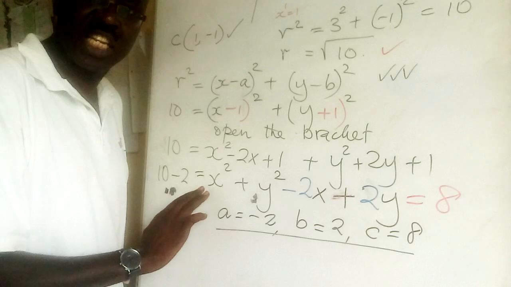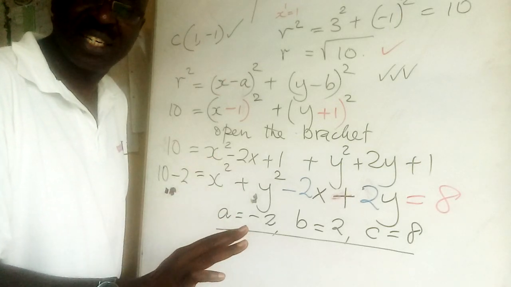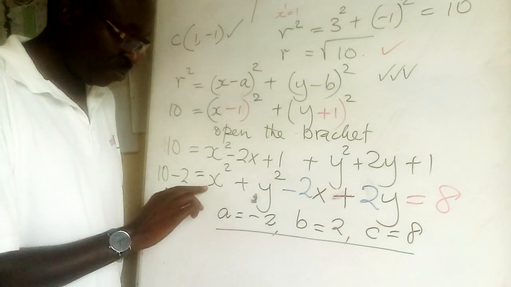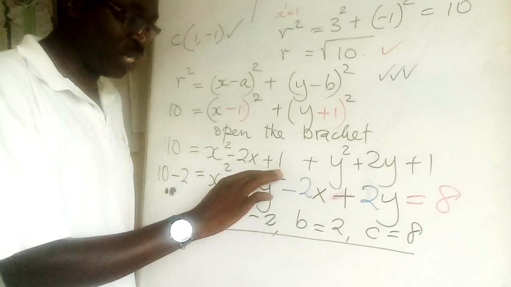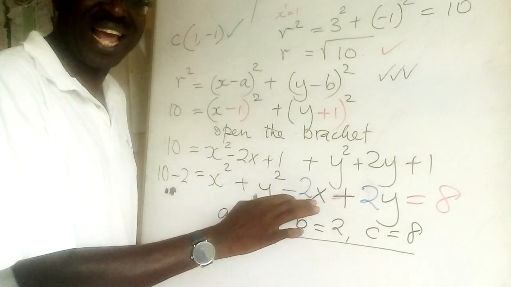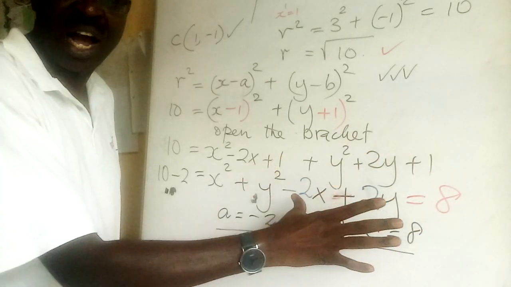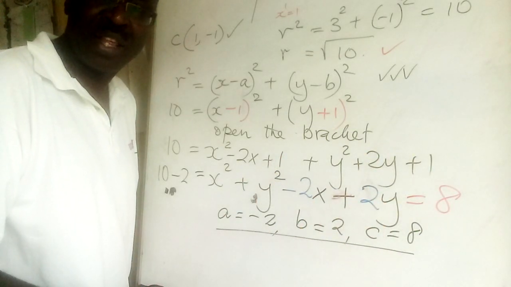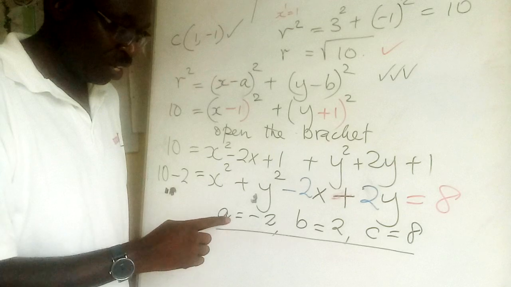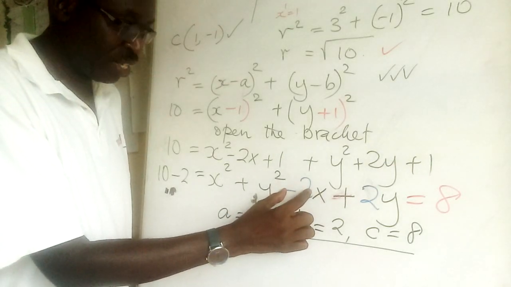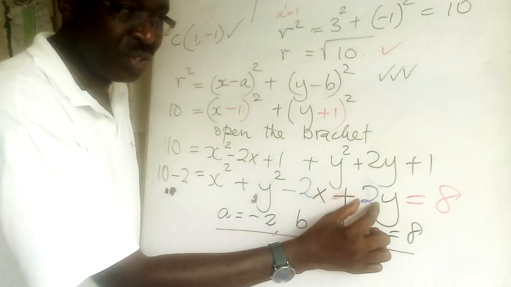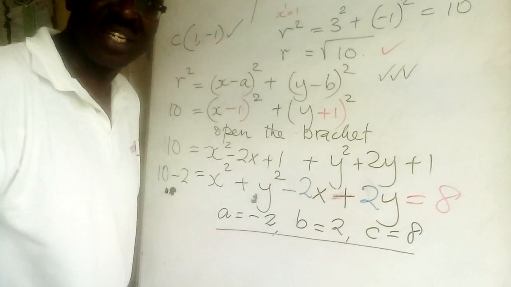So now it is in the exact format he wants. X squared plus y squared plus ax plus by is equal to c. I've written the variable in colors. So our a is this, our b is this, and our c is that.